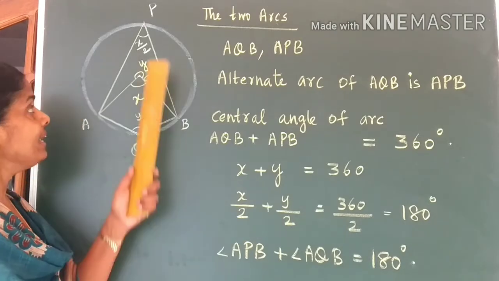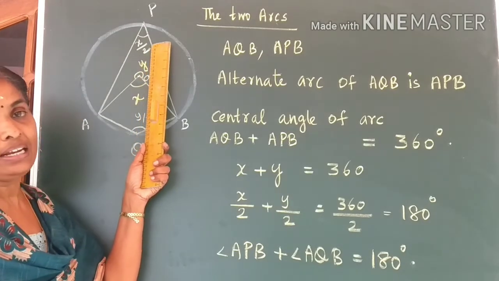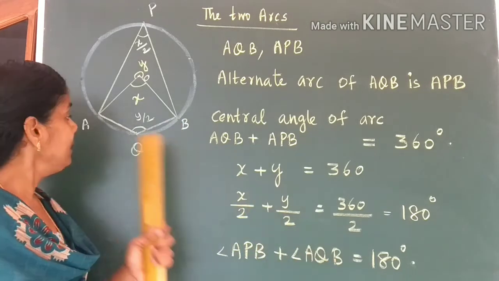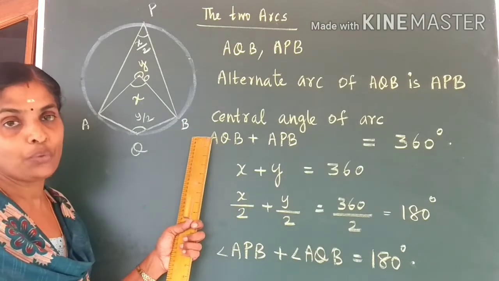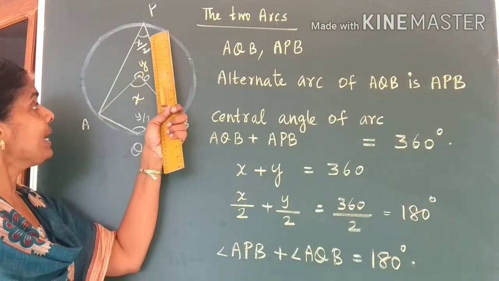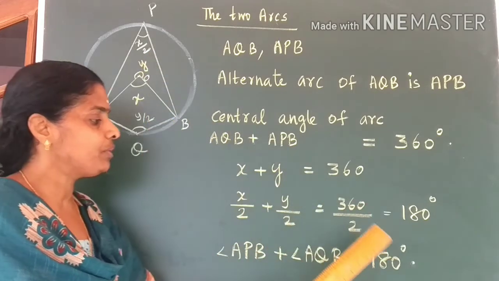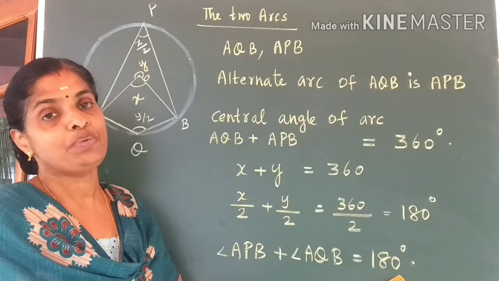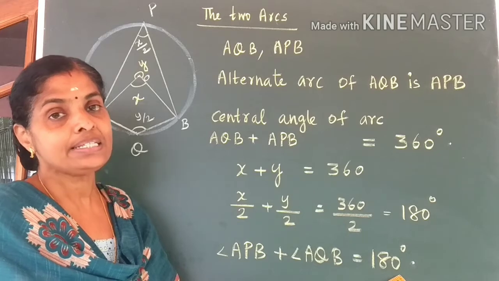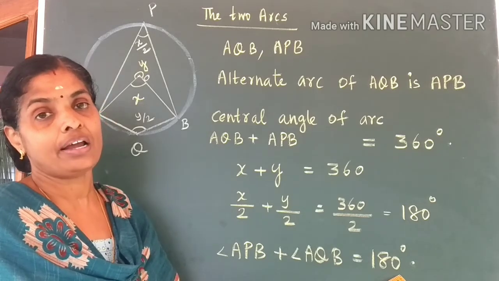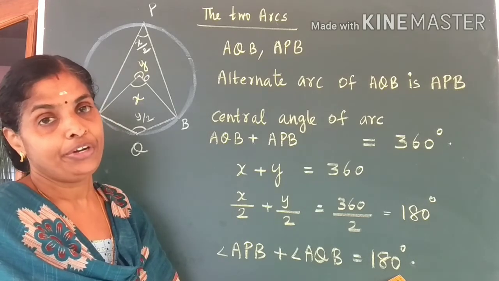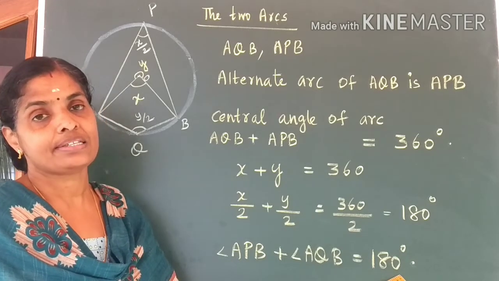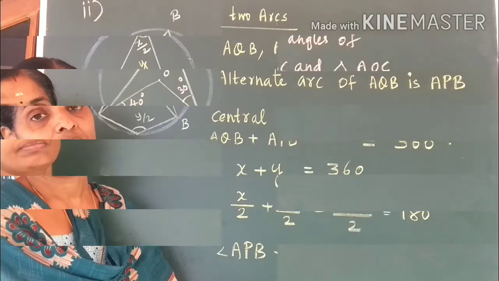So I got x by 2 is angle APB, y by 2 is angle AQB. So the sum of x by 2 and y by 2 is equal to 180 degree. From this we can conclude angles in the alternate arcs are supplementary. Do you understand? Angles in the alternate arcs are supplementary.